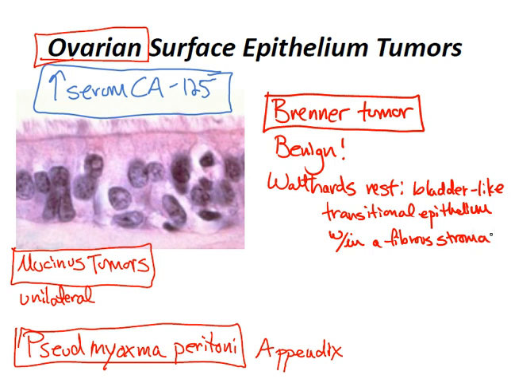So that is a Brenner tumor for you. He's benign and he's got bladder-like transitional epithelium. That's important and that's what you need to remember. So that is ovarian surface epithelial tumors.